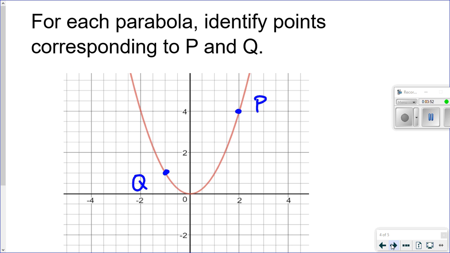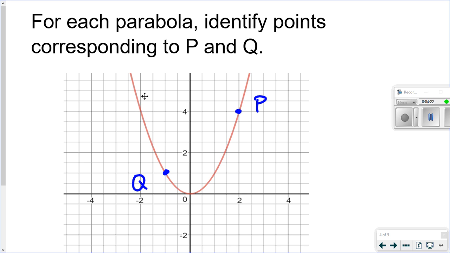And for each parabola, we already talked about how they are symmetrical about the axis of symmetry. So right here's our axis of symmetry. For each parabola, identify points corresponding to P and Q. If I wasn't given this parabola and I was just told you have a quadratic equation, the vertex is at 0, 0, one point is at 2, 4, that would be point P, and another point is at negative 1, 1, and that point would be Q. Find its corresponding points.